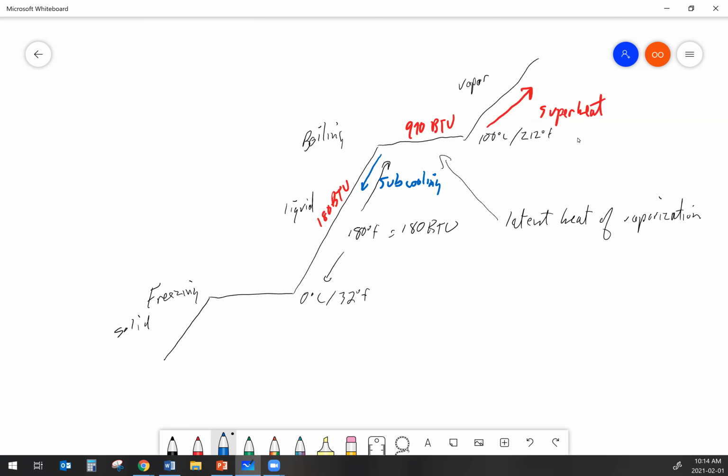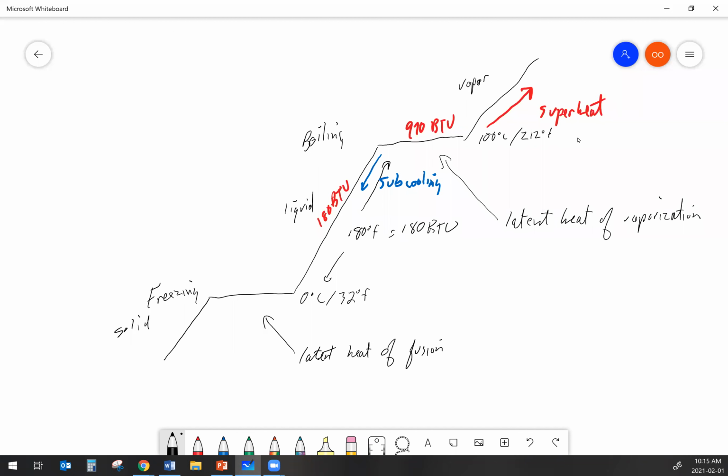One thing to also take note of is with water, using water as our example here, when it goes from a liquid to a solid, when it freezes, it also takes more heat energy for that to happen than just to cool or warm the ice or the water. And that's called the latent heat of fusion.